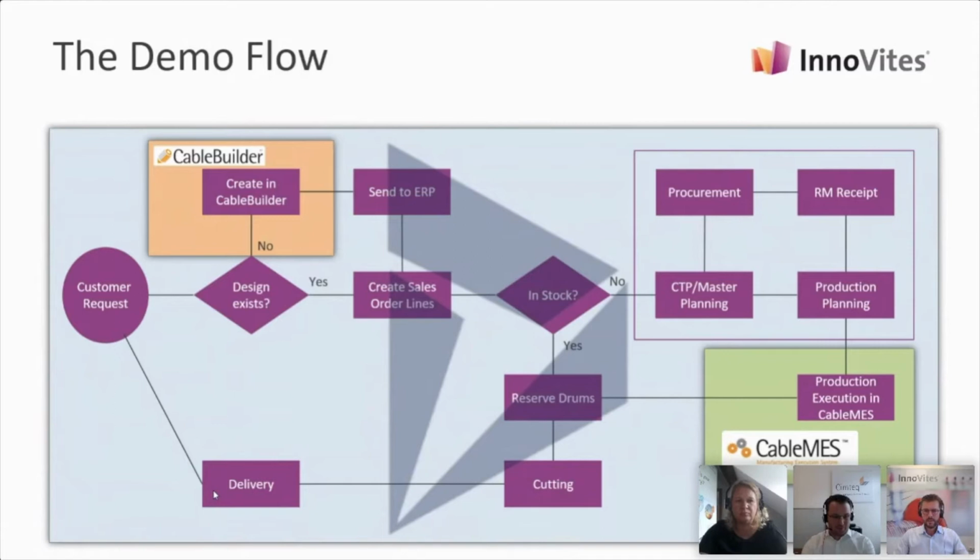Then these orders will be executed in the MES system, and then I will execute the layup of the cable in the MES. That's the objective of today. And of course, there is a time constraint. This has to happen within 30 minutes. So there will be some pace in the flow. And again, if you want to know more, then we will be happy to schedule another in-depth webinar with you specifically.